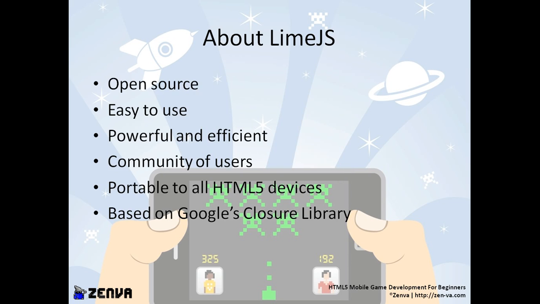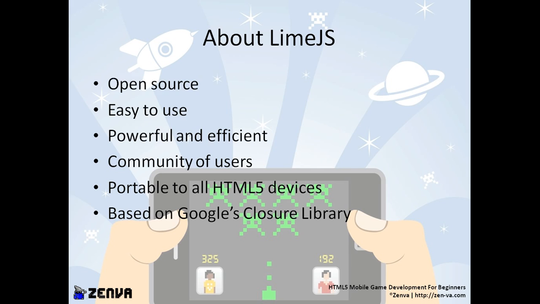Now, something about it. It's open source. It's easy to use. It does have a bit of a learning curve, not too steep. We'll go through all the basics so you can get started and skip this hard beginning and get right into game development. It is powerful and efficient.